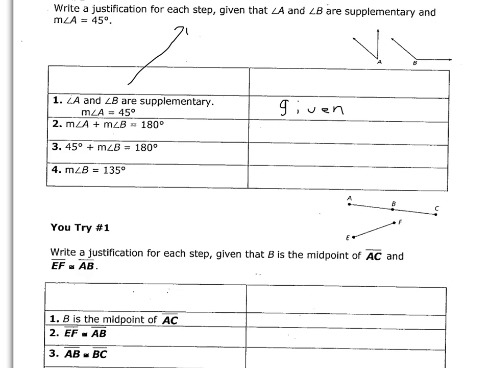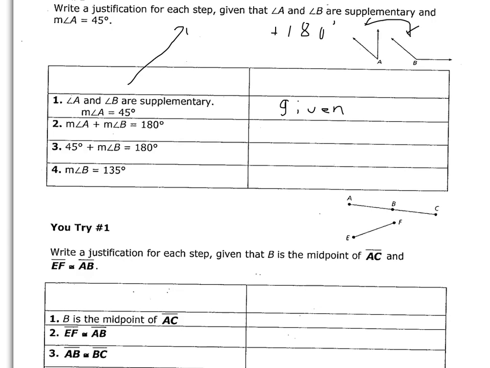The second one says measure angle A plus measure angle B equals 180 degrees. Remember it said in the given that the angles are supplementary. So these two angles over here, A and B, are going to add up to 180 degrees.